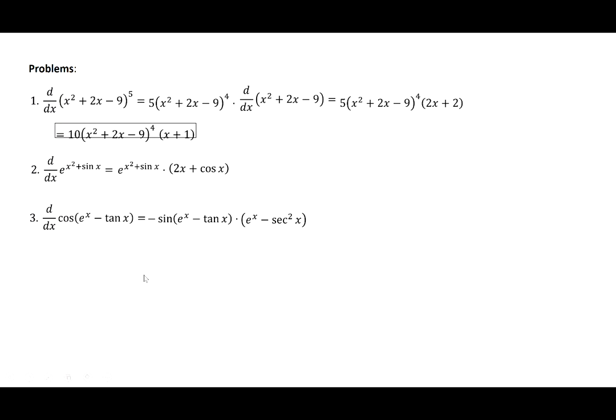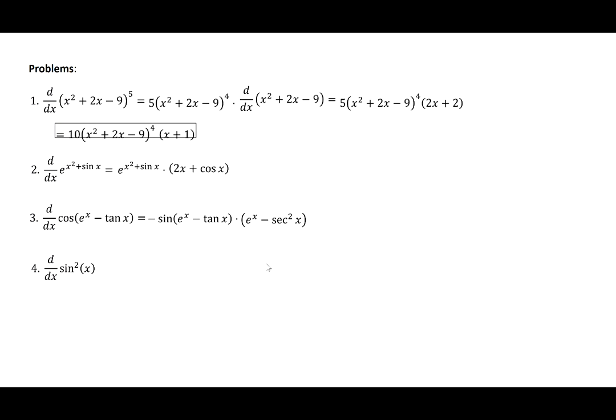Ta-da! Are we done? You bet. So this is negative sine of the quantity e to the x minus tangent x, and the whole thing multiplied by e to the x minus secant squared x. Cool. Next, d dx of sine squared x.